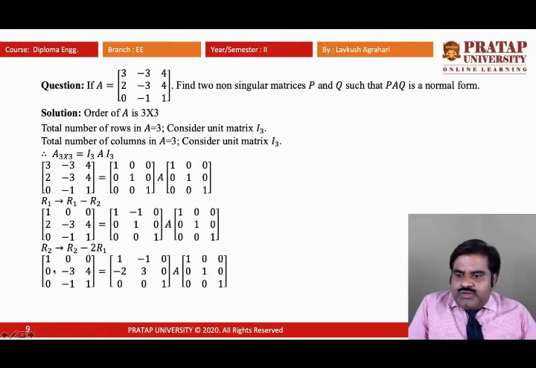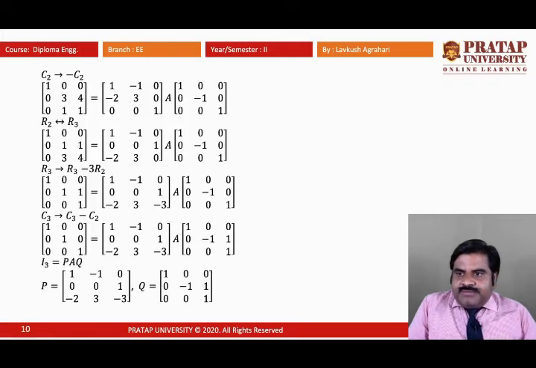By this operation, the element A21 becomes 0 and there is no change in the elements A22 and A23. Similar changes are reflected in the matrix on the left hand side of A, and again there is no change in the matrix on the right hand side of A.